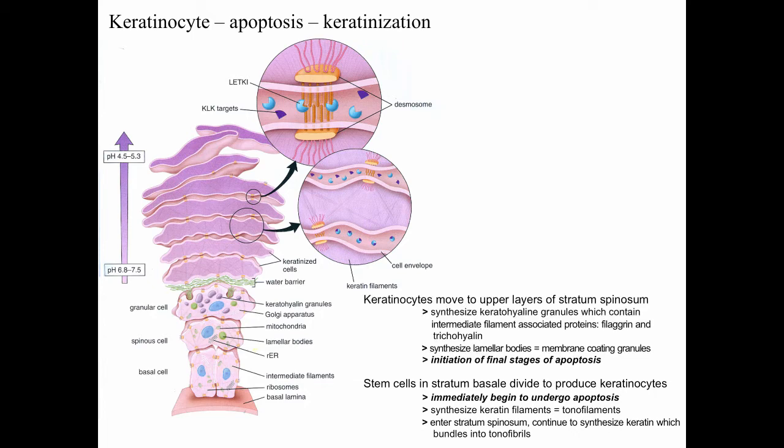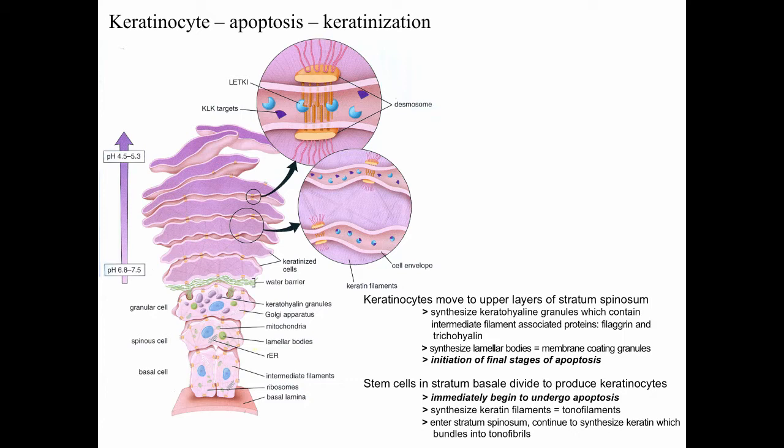tonofilaments. As the keratinocytes move to upper layers of the stratum spinosum, they're going to synthesize keratohyalin granules, which are going to contain intermediate filament-associated proteins, the so-called filaggrins and trichohyalins. They're going to also synthesize lamellar bodies, which are membrane coating granules.